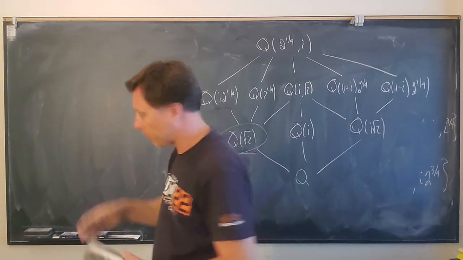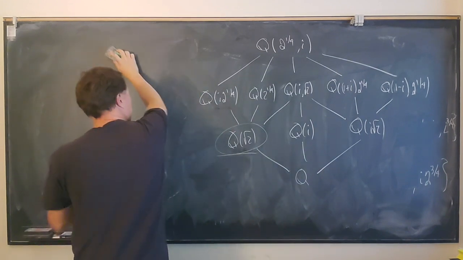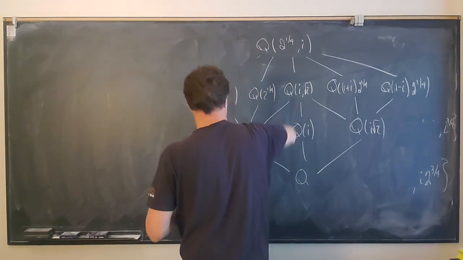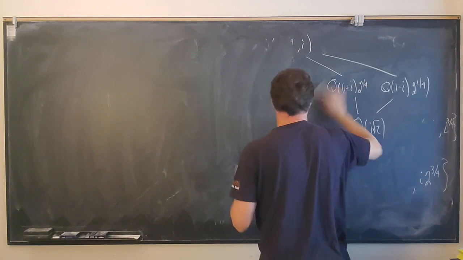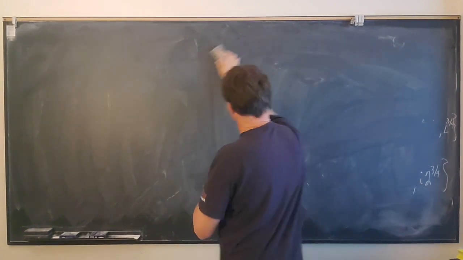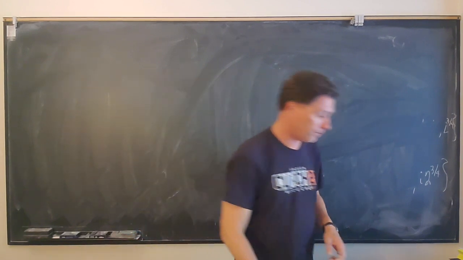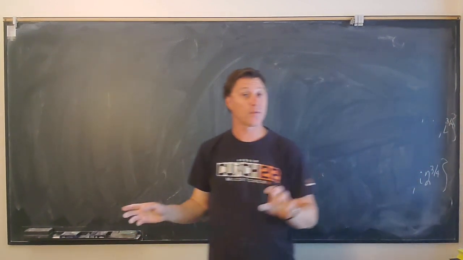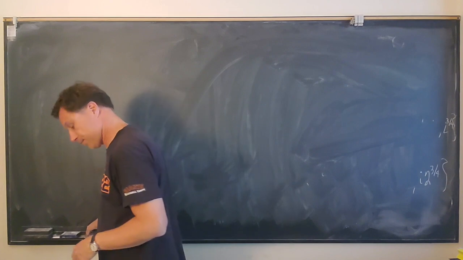Okay, so let's do another example. We have not done an example computing a Galois group of a field other than Q, I don't think. And so now, let's do an example where the base field, the field of coefficients, is not the rational numbers.